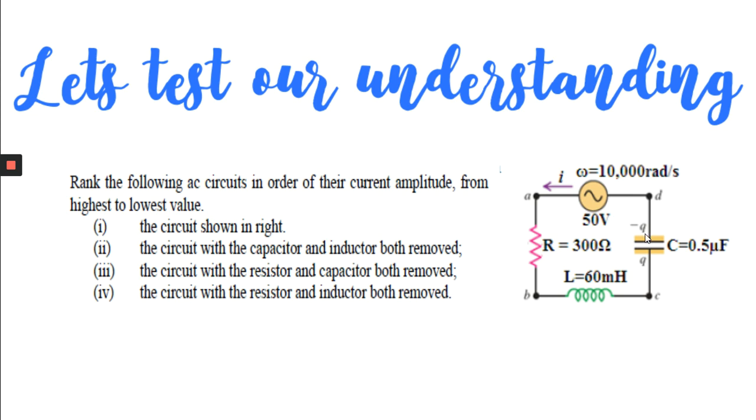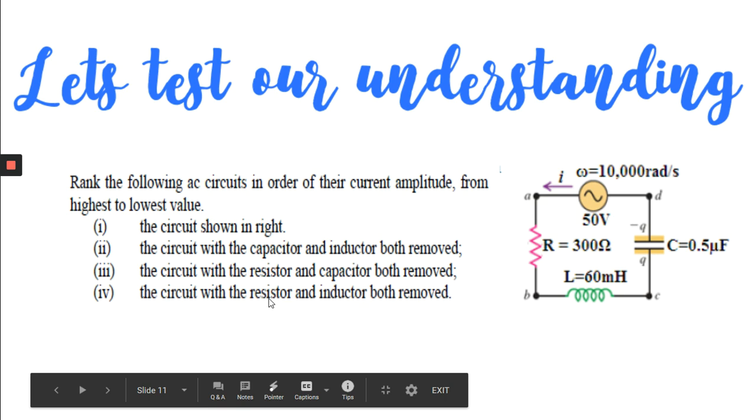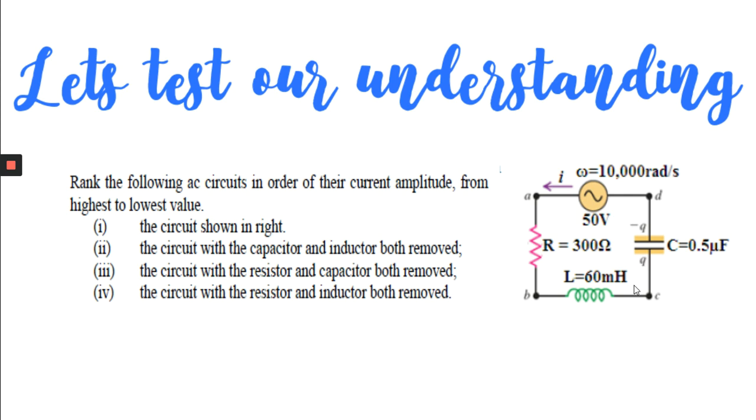Here one AC circuit is given, then different conditions are imposed. So you have to find out the current in the circuit shown. Then the current in the circuit with capacitor and inductor both removed, only the resistor. The current when resistor and capacitor are both removed, only the inductor. And the current when resistor and inductor are both removed, only the capacitor. And we have to see in which case the current is more.